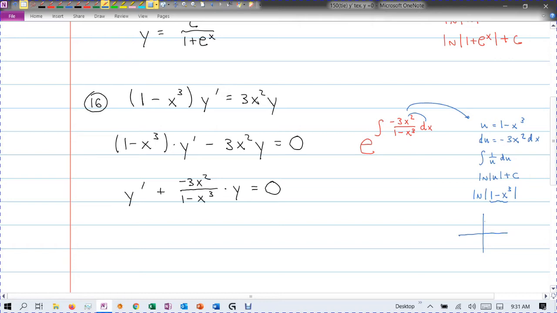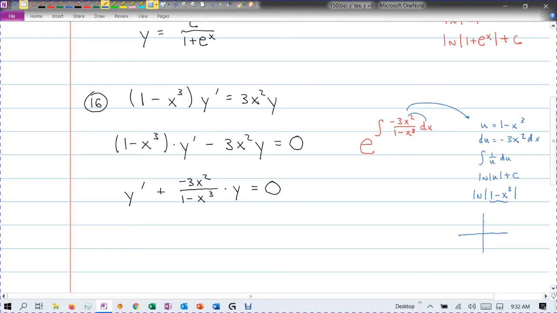Why are they saying x is between 1 and infinity? I don't agree with that. Boom, boom, boom, boom, boom, boom, boom, boom. Boom, boom, boom, boom, boom.